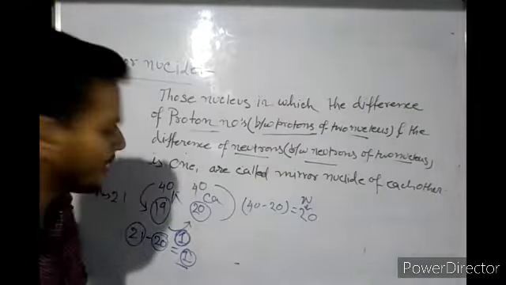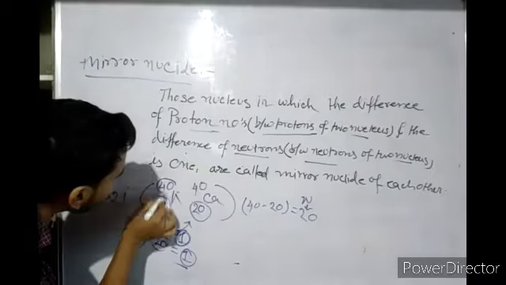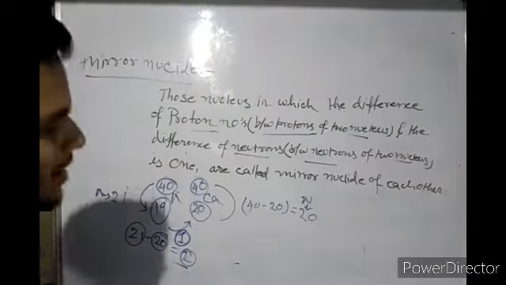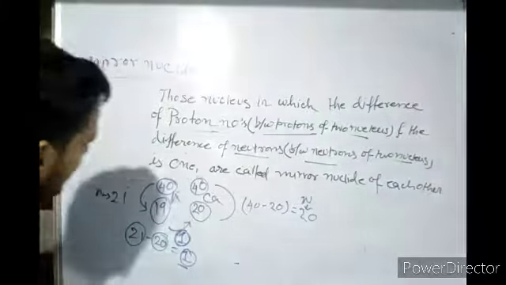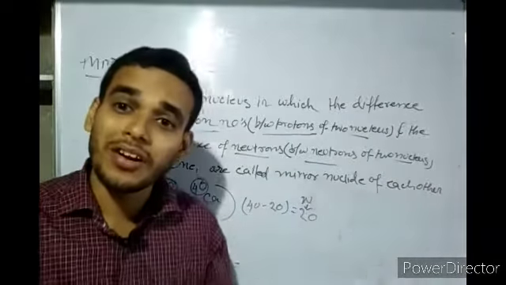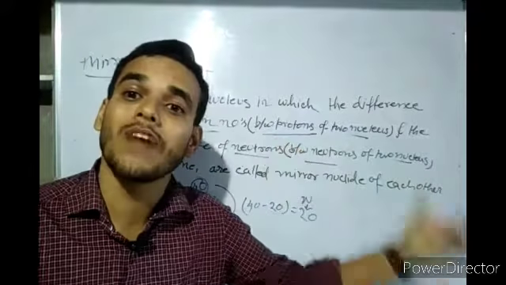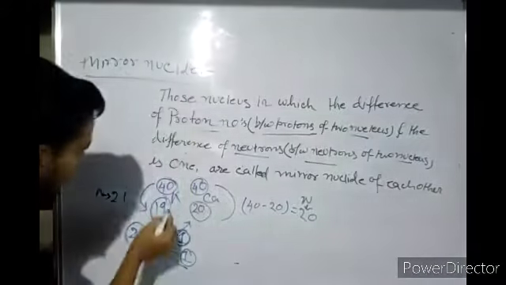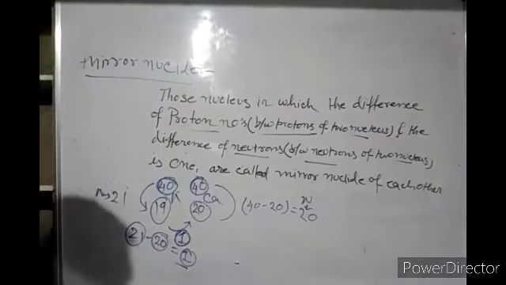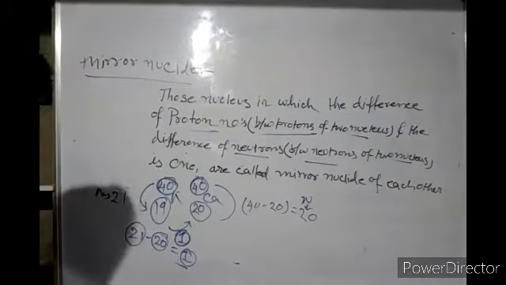In the case of mirror nuclides, we see that the mass number is the same. So those nuclei which are mirror nuclides of each other are isobars, because the mass number is the same.